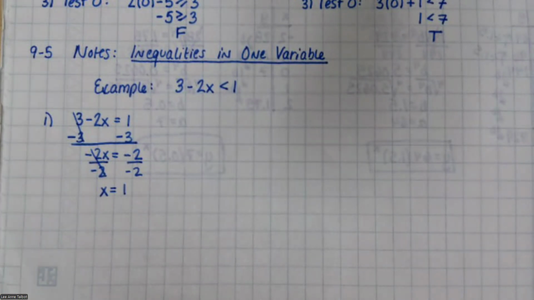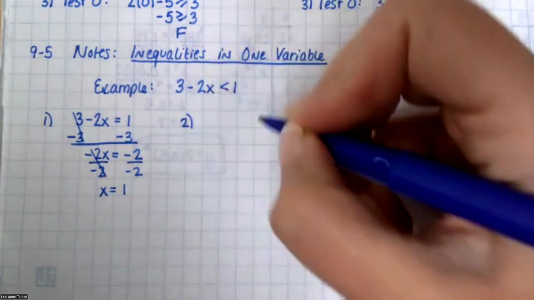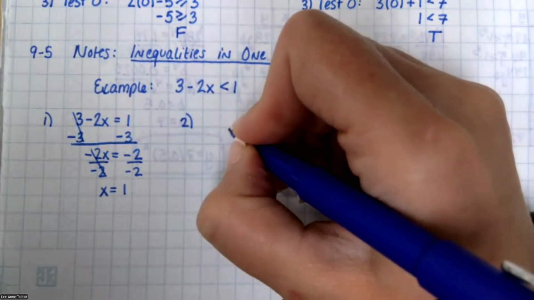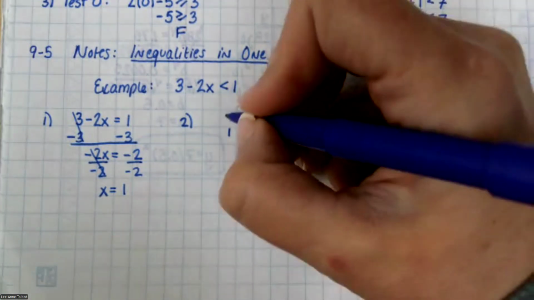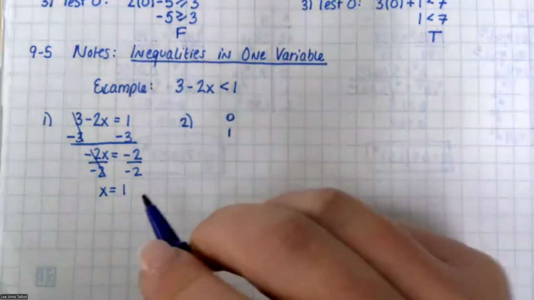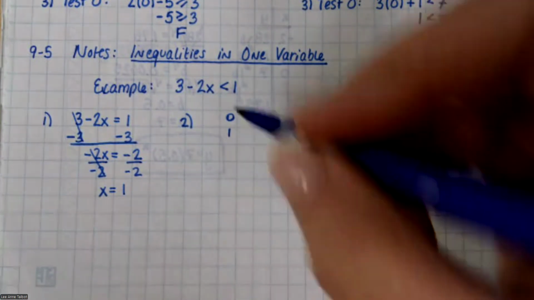One. Step 2. Okay, I got my answer of 1. Is it going to be open or closed? Open. Great job. And is 0 going to be on the left or the right of 1? Left.